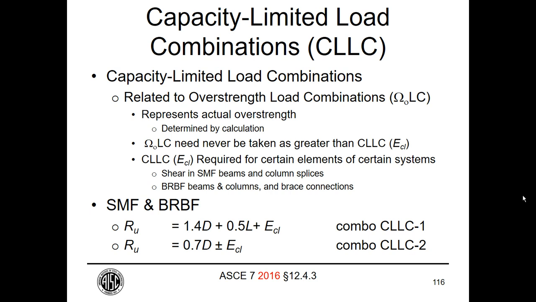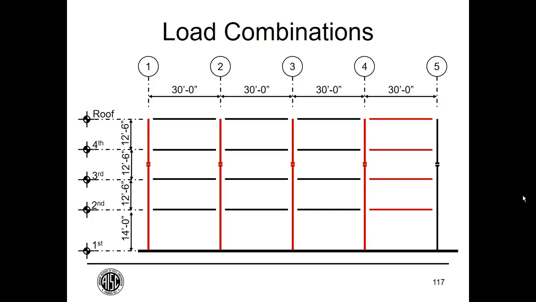And these are the combinations. So ECL would correspond to the yielding of the buckling restrained brace or the yielding of the special moment frame beam, and where appropriate, we combine them with gravity loads using these factors. So these diagrams show you appropriate places for each of these load combinations.